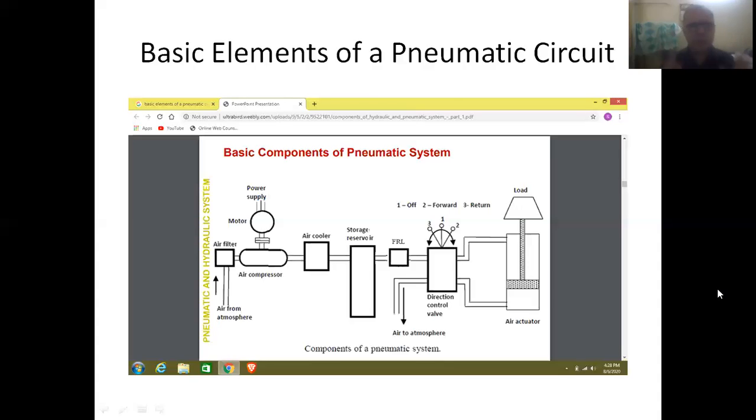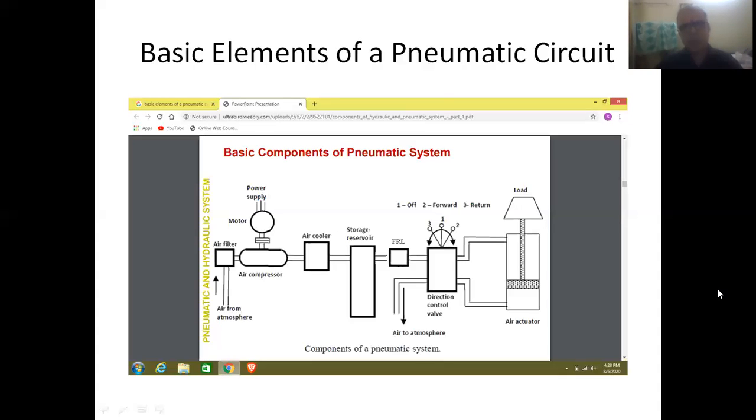So friends, basically this electric motor is used for operating the compressor. The air compressor is ultimately used for controlling the air cylinder. And finally, this air cylinder is used for controlling a tool or a spindle of a machine.